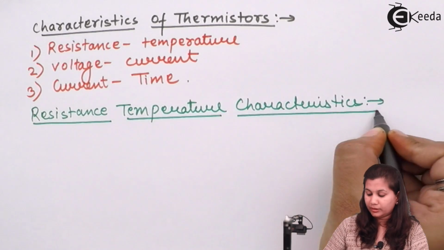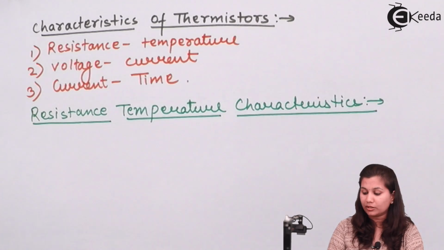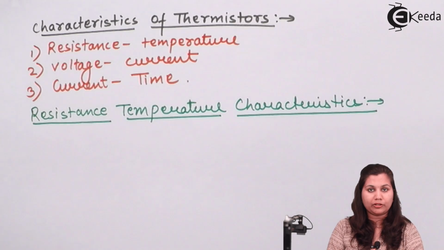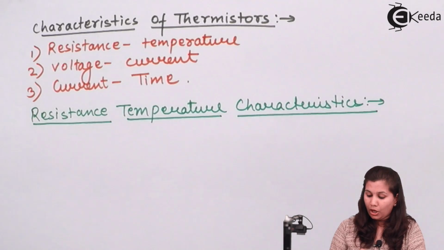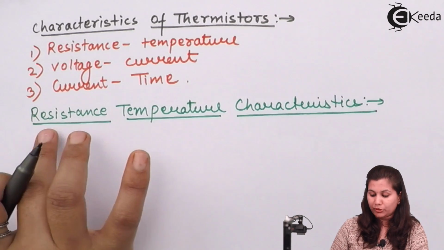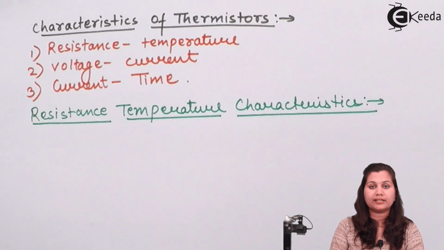Now we know that thermistors have a negative temperature coefficient. So as their temperature increases, their resistance decreases. Also, there is a non-linear relationship between the resistance and temperature of thermistors.